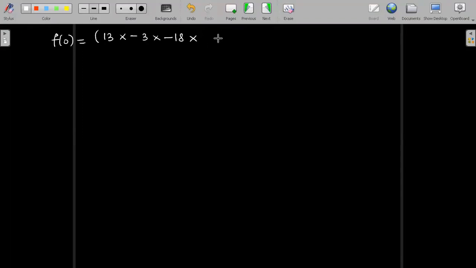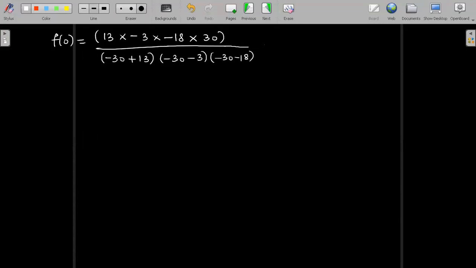I will multiply the multiplier x0 here. x0 is nothing but 30. The whole divided by the denominator y0 minus y1, which is minus 30 minus of minus 13, that is minus 30 plus 13. Similarly, minus 30 minus 3, and minus 30 minus 18.